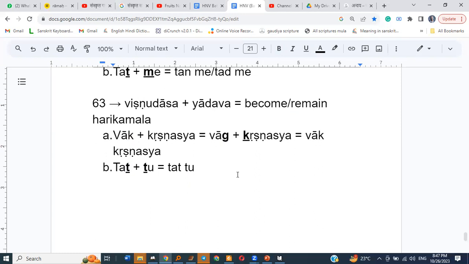Any other examples? Prabhu Ji, in this case, the Devanagari might make sense because it seems as though it is two words. I'm just saying. Okay, yeah, sure. Like let's say for the first one, Vak Krishnasya and Tattu.